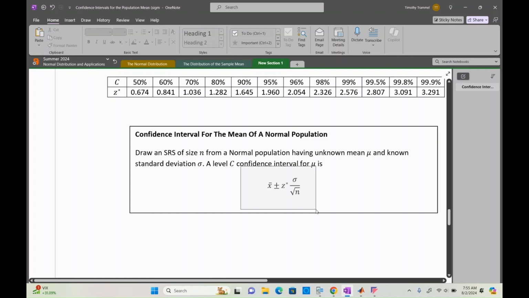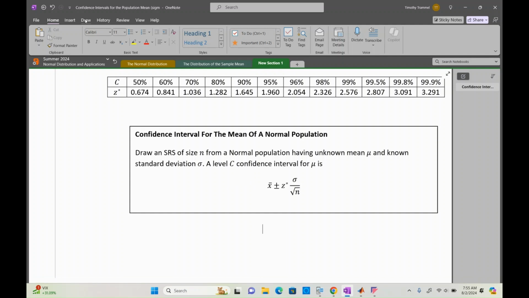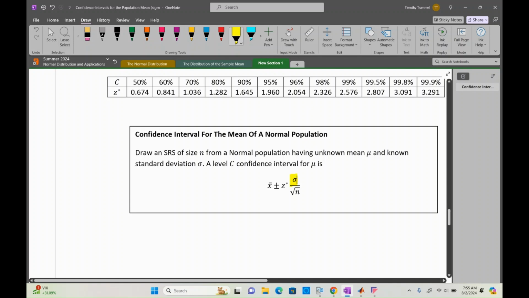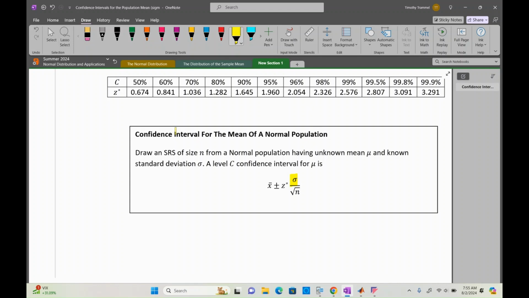So there is one part of this that is not necessarily always going to be realistic. We are trying to estimate mu, but you might notice that in order to do so, we're going to need to know the population standard deviation.